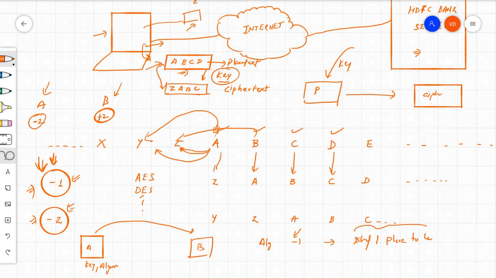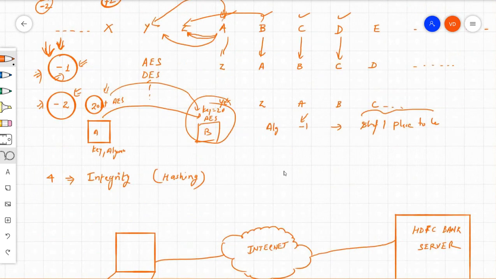If I say my key value is 20-bit long, just like here we have, and my algorithm is AES, and by any means, if I say the same value here also, that here is my key, which is the same 20 bits which I was using here, and then I have AES, then for B it is really easy. It is really easy to regenerate that message.